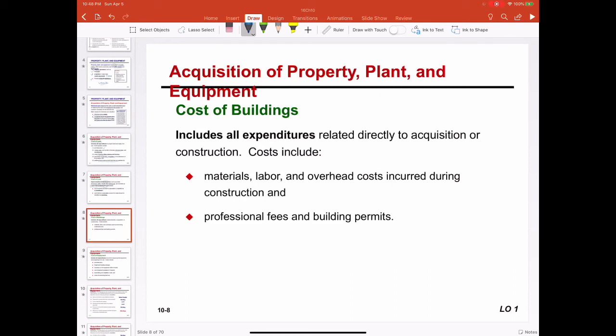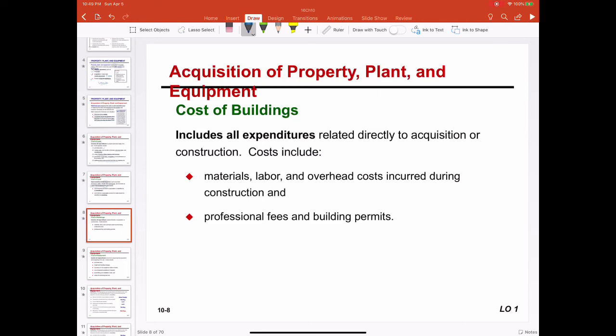Next is building. If the building is purchased, similar to the cost of land, the cost of buildings should include all the expenditures related to the acquisition or construction. If it is purchased, it should include the purchase price, closing fees, attorney's fees, and other costs associated with the acquisition to have the building ready for use.